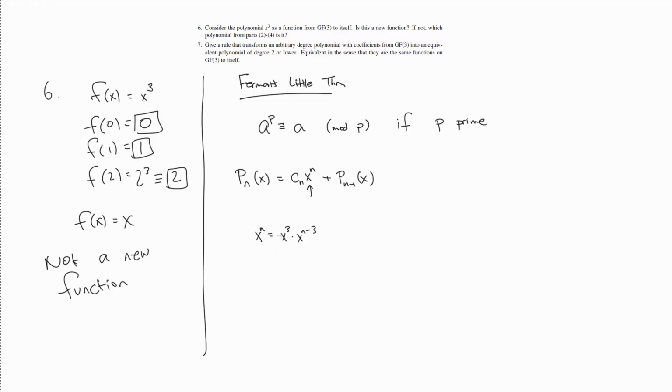Now applying Fermat's little theorem to x cubed, we have this equals x times x to the n minus 3, which is x to the n minus 2. So therefore, we have reduced the polynomial of degree n to a polynomial of degree at most n minus 1. Now we keep applying this process to the highest order term until we arrive at a polynomial of degree at most 2.